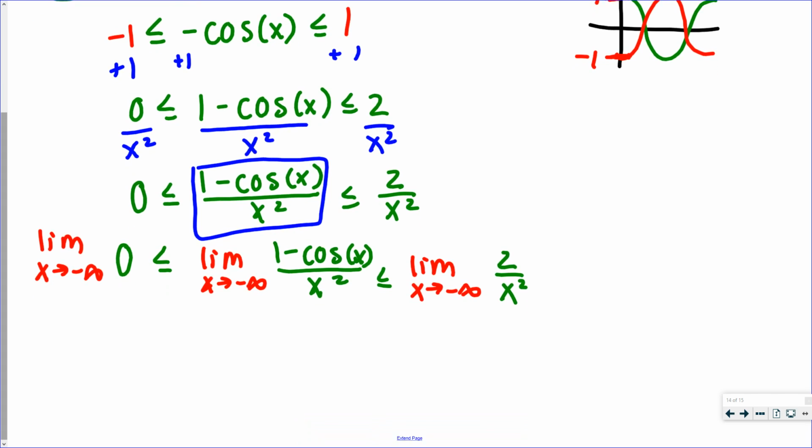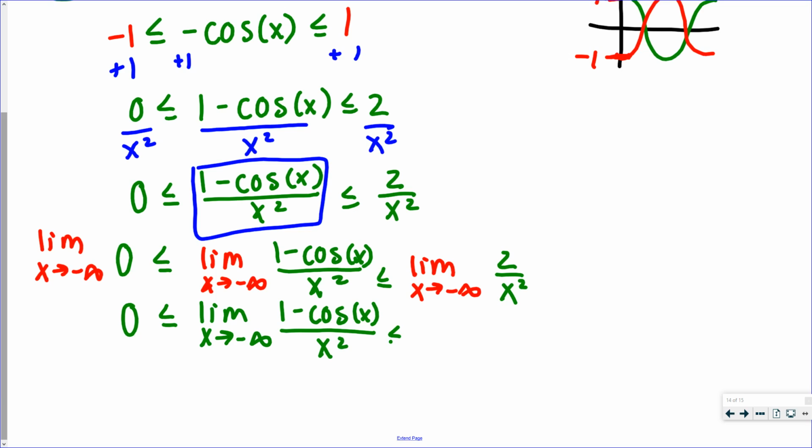Okay, this would obviously just be 0. This is what we're trying to find. Here I end up having 2 divided by -infinity squared. That's a positive large. So that's also 0.